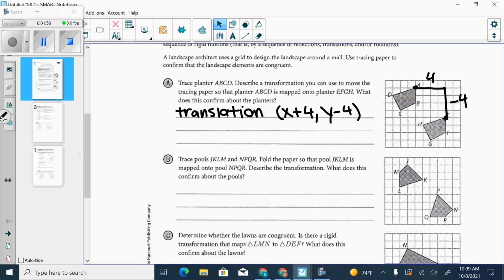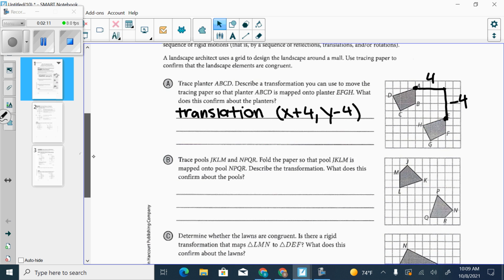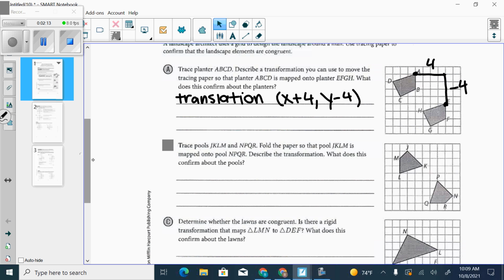Okay, so they want to know what this confirms. So just above that, they said that if we were just translating, reflecting, and or rotating, the figure would stay congruent. Is that true here? Yes. So that's going to be our conclusion, or what we can gather. This confirms congruence.